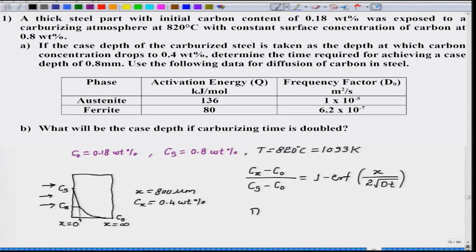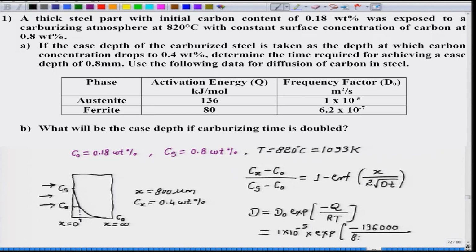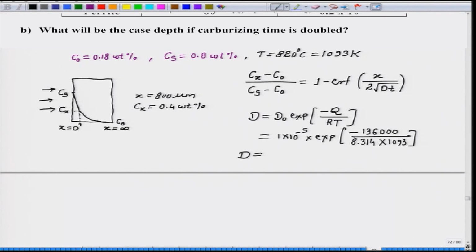So, if we evaluate D equal to D0 exponential minus Q by RT, we can write D0 for austenite is 1 times 10 to the power minus 5 times exponential minus 136,000 joules per mole divided by the gas constant R, 8.314, times temperature 1093, and so we get D equal to 3.2 times 10 to the power minus 12 meter square per second.